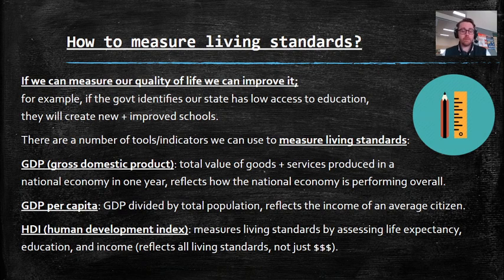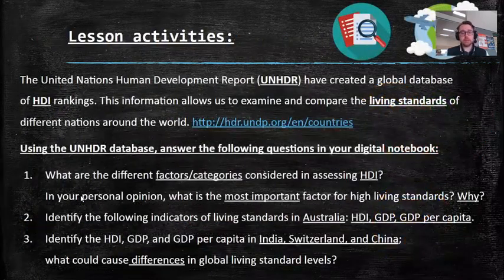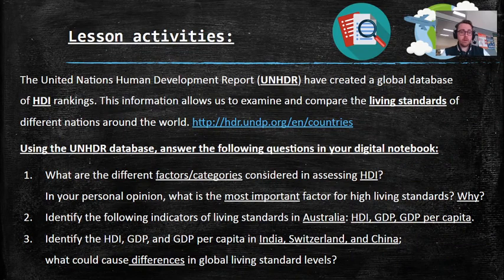So it reflects all of our living standards, not just dollar dues, like GDP. So the UNHDR have created this big list of HDI rankings of different countries. This information allows us to examine and compare the living standards of different nations around the world.